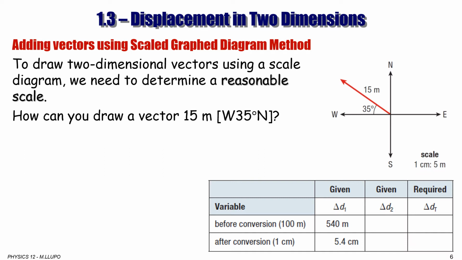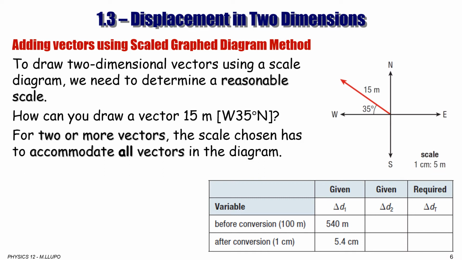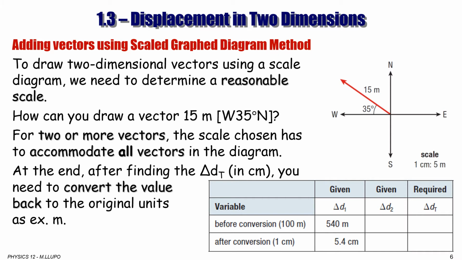So that scale has to be the same for the set of vectors. So that's what I said, the scale chosen has to accommodate all vectors in the diagram, exactly the same, to show proportionality, which vector has a bigger magnitude than the other.